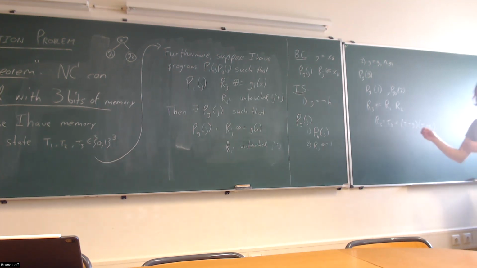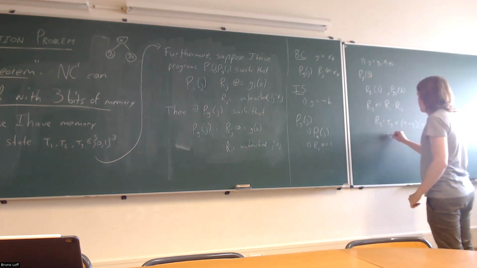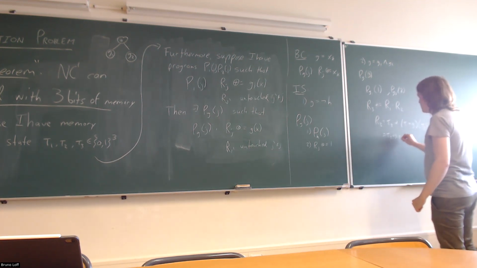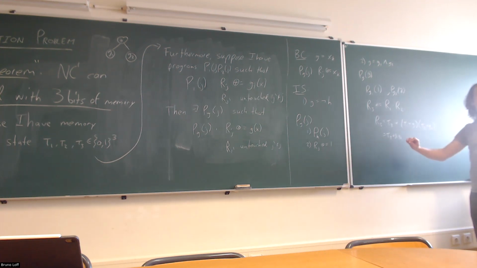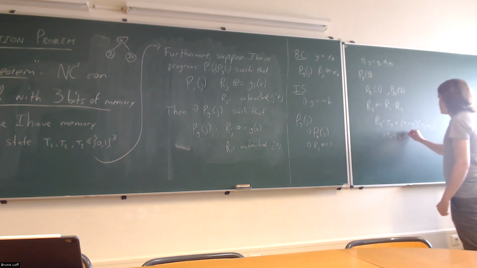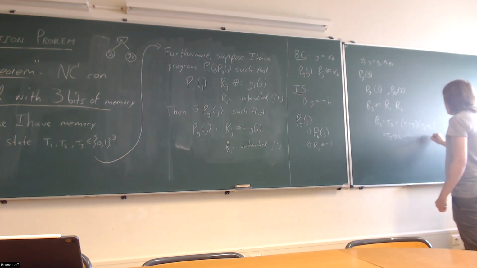And I'm going to get the term that I want plus all the cross terms. This is what I want, tau 3 plus G1 G2. And then I'm going to get plus tau 1 tau 2 plus tau 1 G2 plus G1 tau 2.